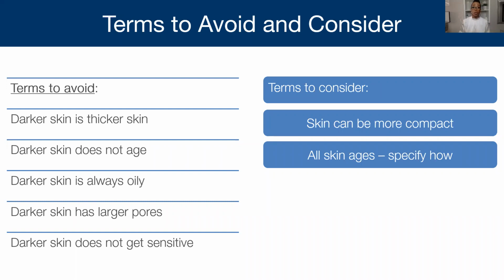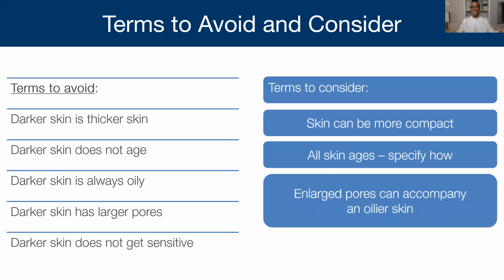So here's another term we heard, and I'll just tie the next two together. All dark skin is oily and all dark skin has large pores. Simply not true. However, even though enlarged pores do accompany oily skin, some melanin-rich skin can be dry, dehydrated. There's so many other conditions that are really put into the mix.